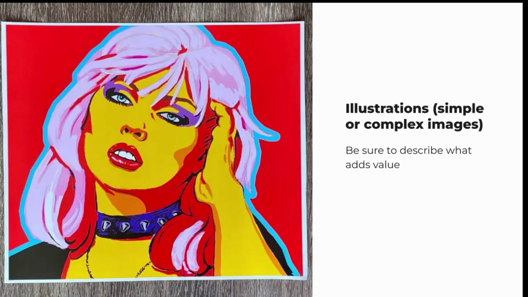Illustrations. So why do you think it's important that we label it an illustration when we write it in our alt text versus an image? So the person understands that it's a drawing, not a photo. Right.